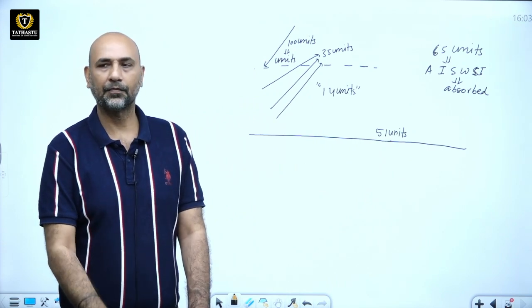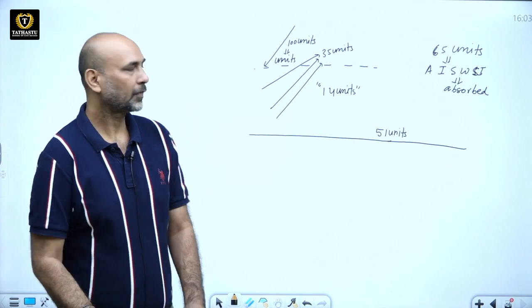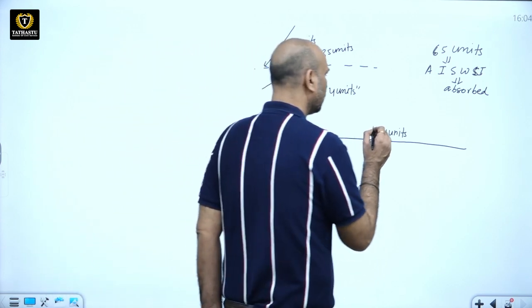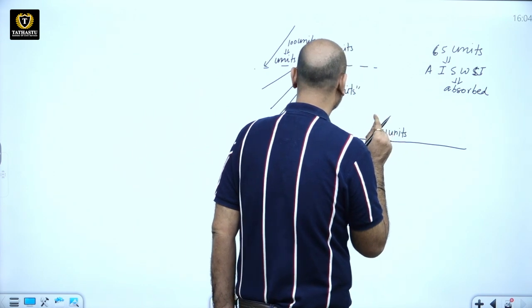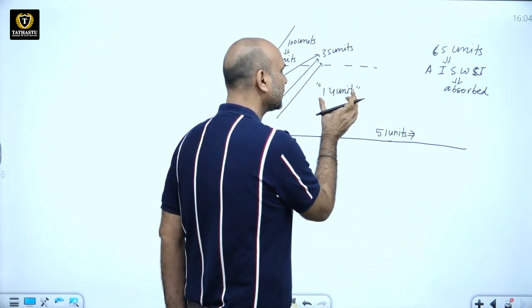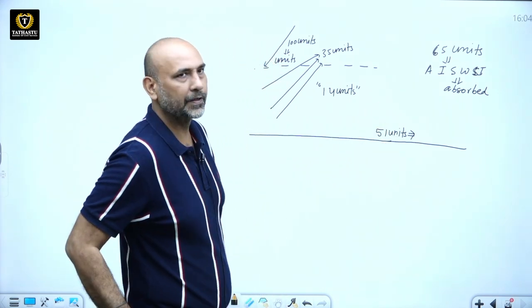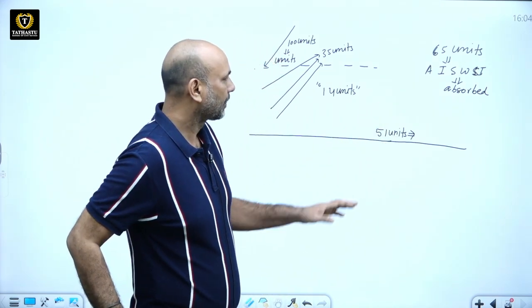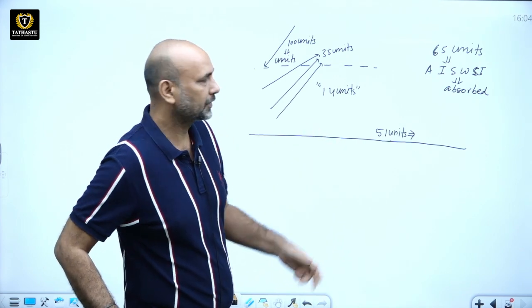I am saying surface. 14 units are absorbed by the atmosphere and 51 units are absorbed by the surface of Earth. The surface of Earth includes both land and water surface.